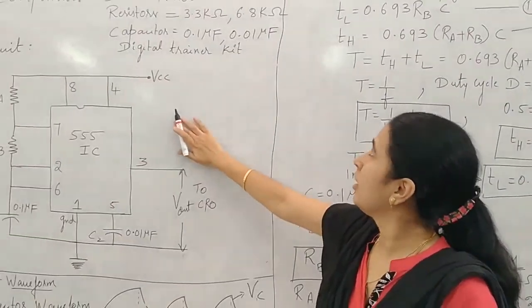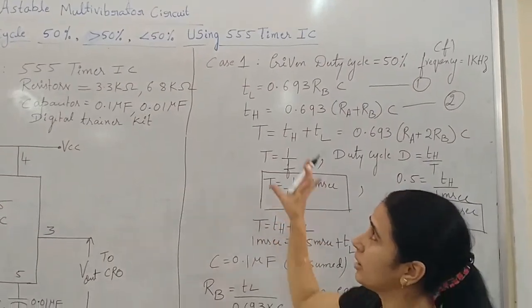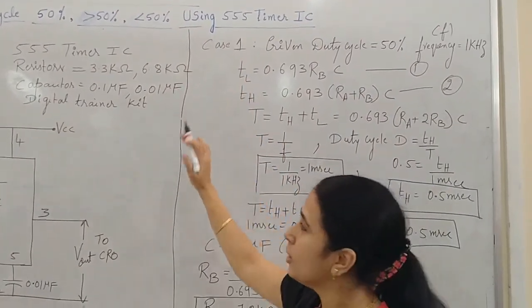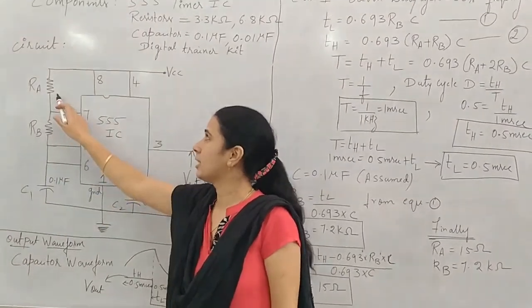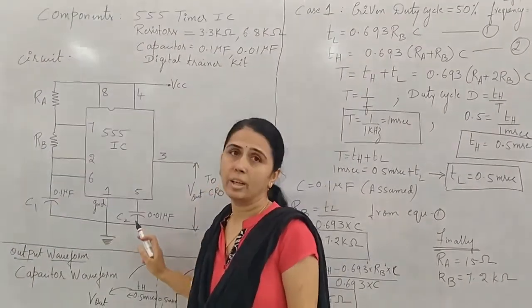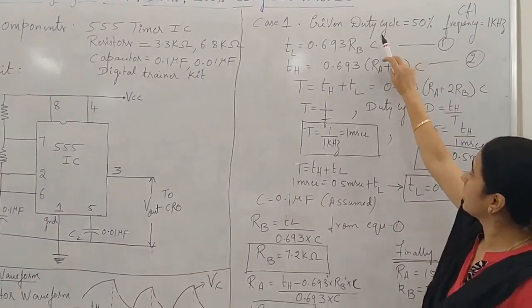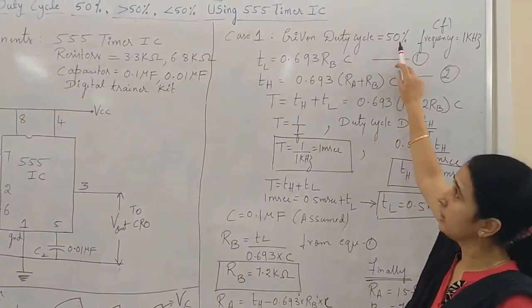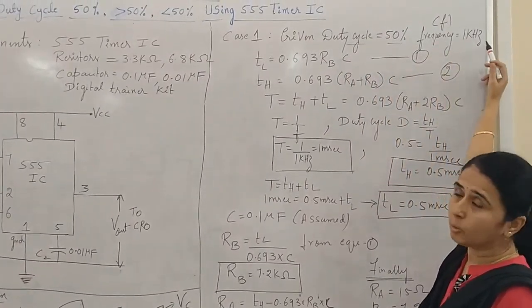Designing is nothing but making use of the data given and making use of the formulas of an astable multivibrator. You need to find out the value of the given components, resistors RA, RB, C1 and C2. So considering this, the first case is duty cycle is 50%. The data given is duty cycle 50% and the frequency is 1 kilohertz.